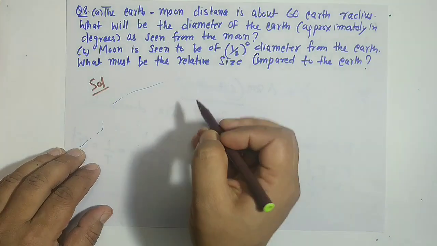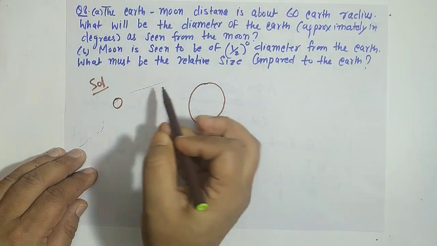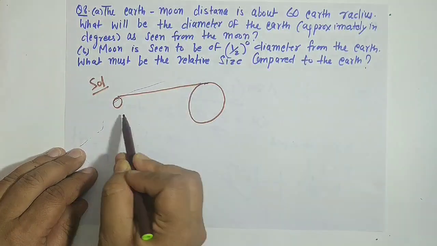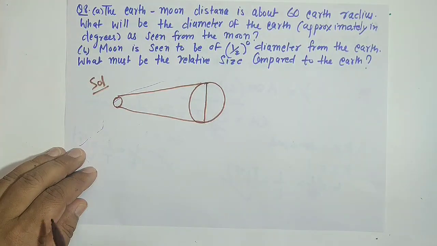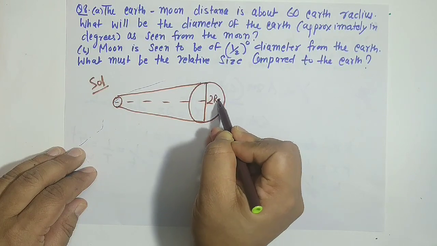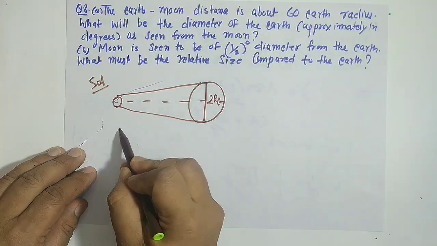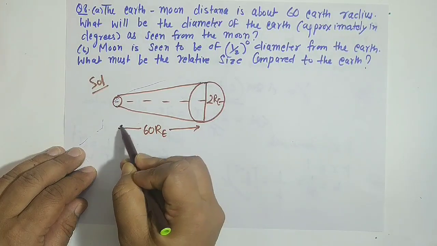The first thing is that, say this is Earth and this is Moon. Okay, and then we just connect it, and this will be the diameter. This will be 2 Re, and this distance is given 60 Re, 60 times the radius of Earth. Are you getting it?